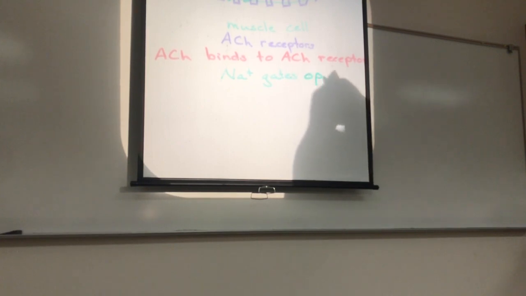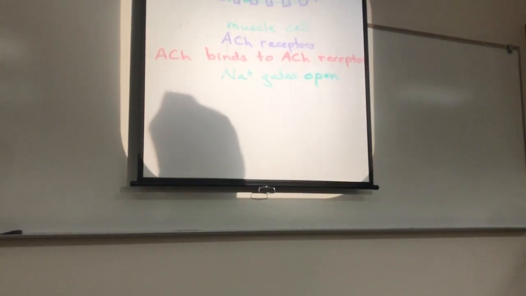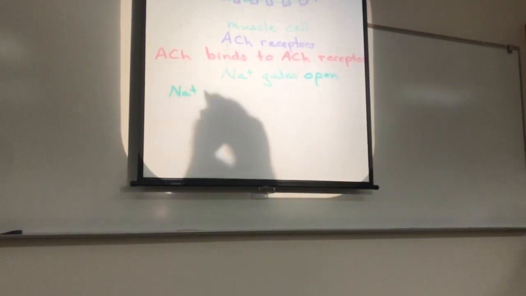When a molecule of acetylcholine binds to an acetylcholine receptor, the receptor is going to elbow the sodium gate next door, and the sodium gate is going to open briefly. And a little bit of sodium is going to then enter the muscle cell.